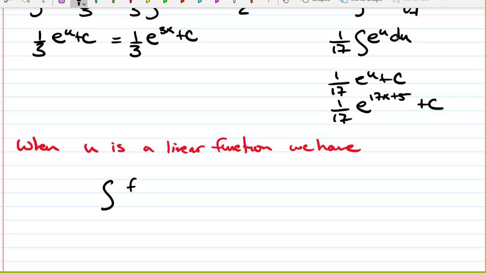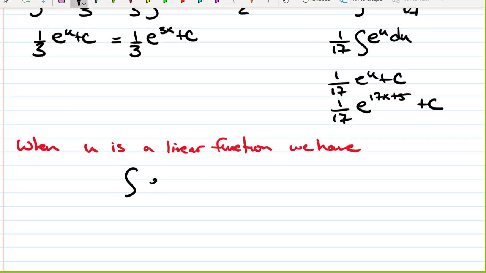That the integral of f of u dx is going to be capital F of u divided by... I'm making this more complicated than it needs to be.